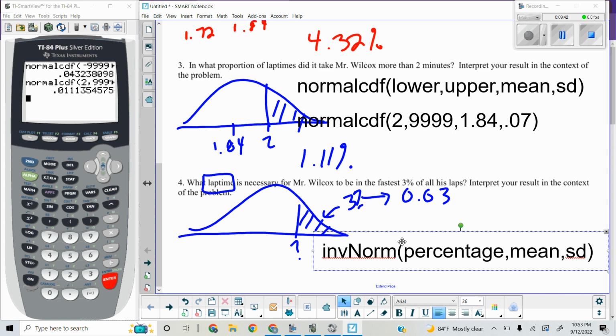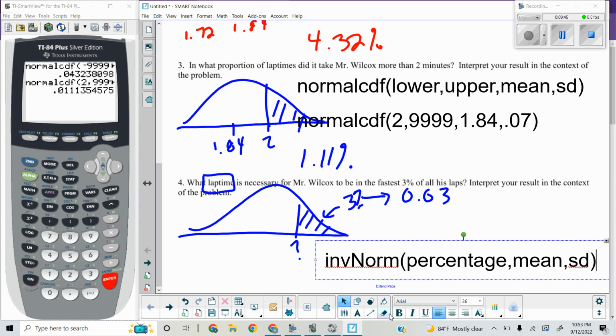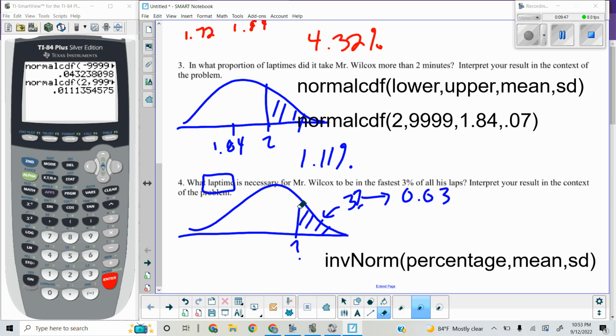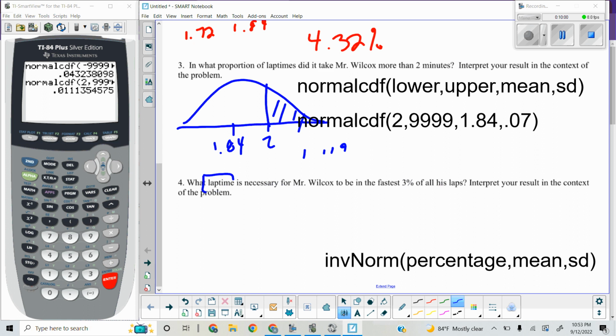And I actually just realized I drew my picture wrong. If he's in the fastest 3%, it would be shaded on the other end. So this would be that shaded.